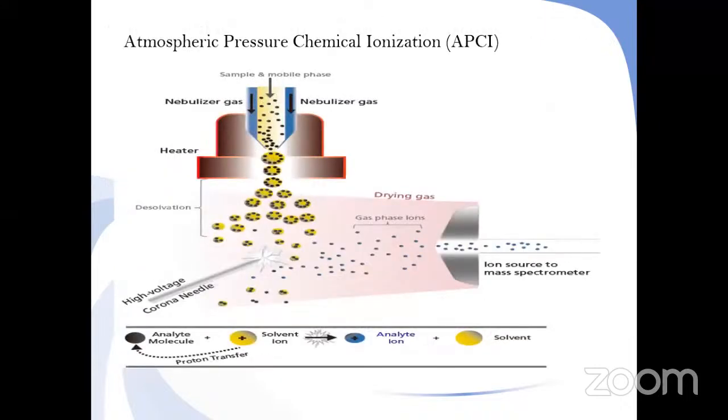method applicable. The diagram explaining this shows APCI: a liquid goes through a nebulizer, we get the corona discharge electrode through a heater, high vacuum is created, and this causes atmospheric pressure chemical ionization.